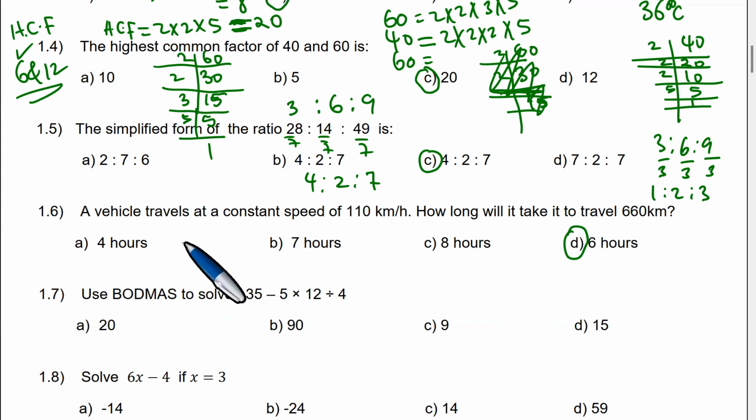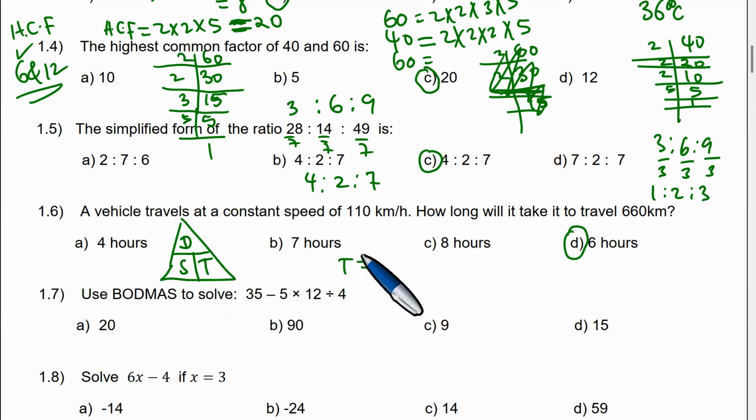So obviously you take into account a couple of things. If you use this triangle, speed is distance over time. So if you say how long will it take, you need time.